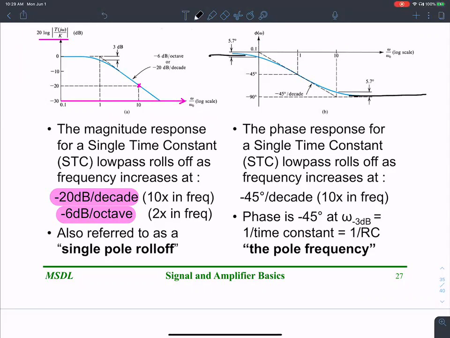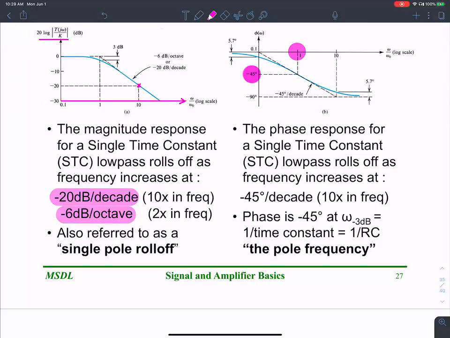The phase is only affected from 10 times below to 10 times above. So at exactly the pole frequency, the phase is 45 degrees below the input. Okay, so that's the idea.